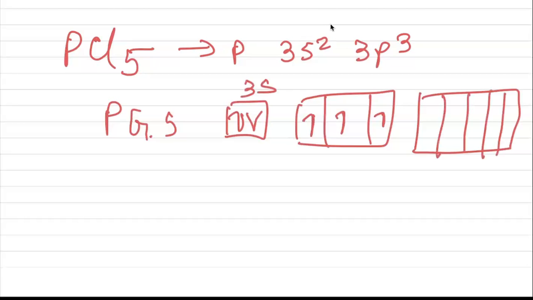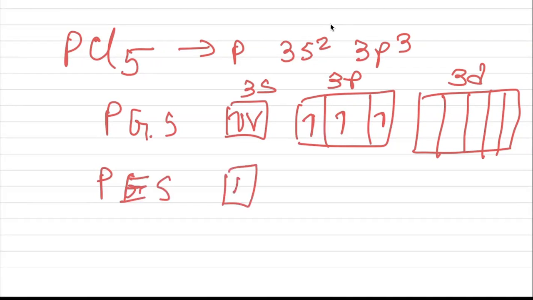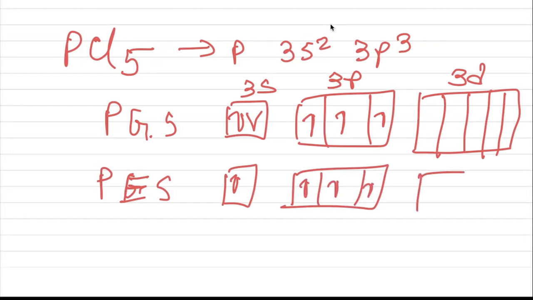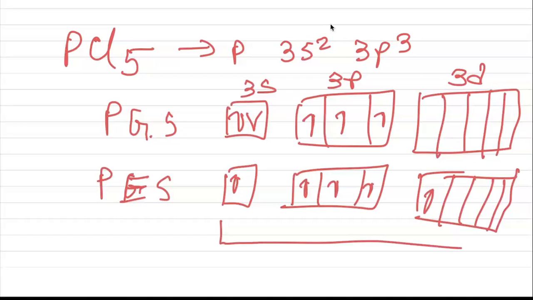This is 3s, 3p, 3d. The d orbitals remain vacant. But when we consider the excited state, one s electron will go to the d orbital. Now this one s, three p and one d orbital will intermix and form sp3d hybridization.